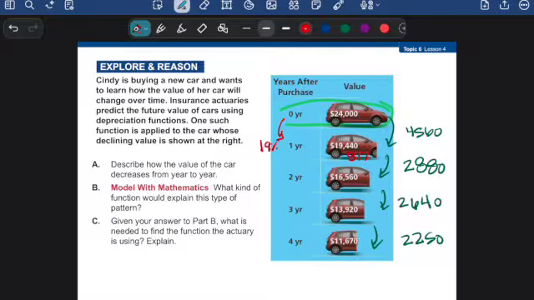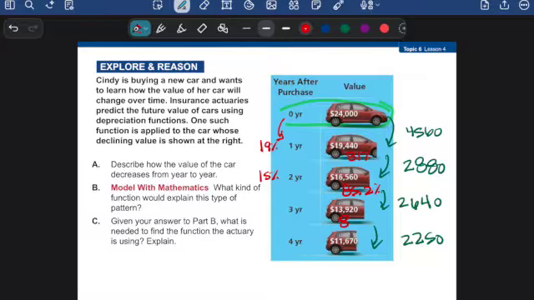Okay, do the same thing for the next year. Take year 2, 16,560, divided by the previous year, 19,440, and this is 85.2% of the previous value. So now it's lost about 15%. Okay. Then we'll do the next one, 13,920 divided by the previous value, 16,560.